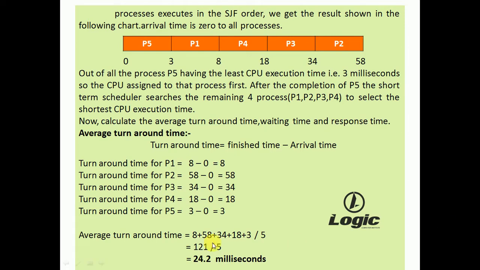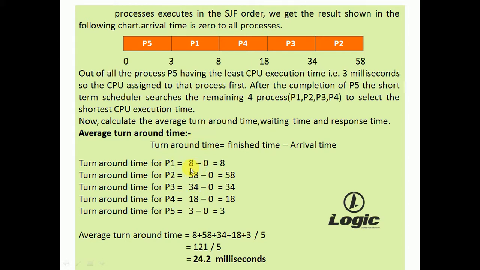Now we calculate the average turnaround time, waiting time and response time. The formula is: turnaround time is equal to finish time minus arrival time. For process P1, the finish time is 8 and the arrival time is 0, because all processes have arrival time 0. This column is the arrival time for each process, and this is the finish time.